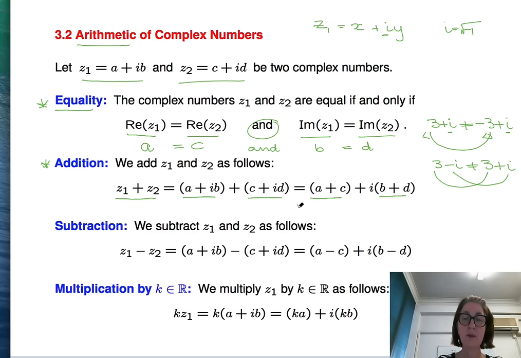So the real part of Z1 plus the real part of Z2 becomes the real part of our complex sum, and the imaginary part of Z1 plus the imaginary part of Z2 becomes the imaginary part of our new complex number.